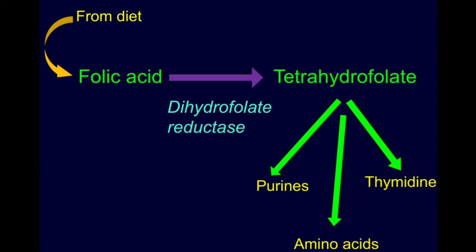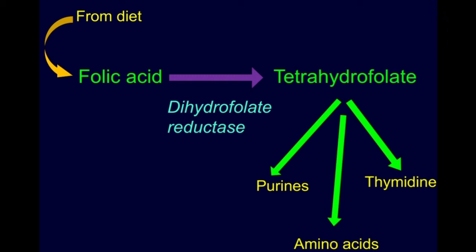Again, you don't need to memorize structure or anything, but that's the biologically active form called THF. Okay? The enzyme that we have is called dihydrofolate reductase. One enzyme, but we have to get the folic acid from the diet, converting it to this active form.